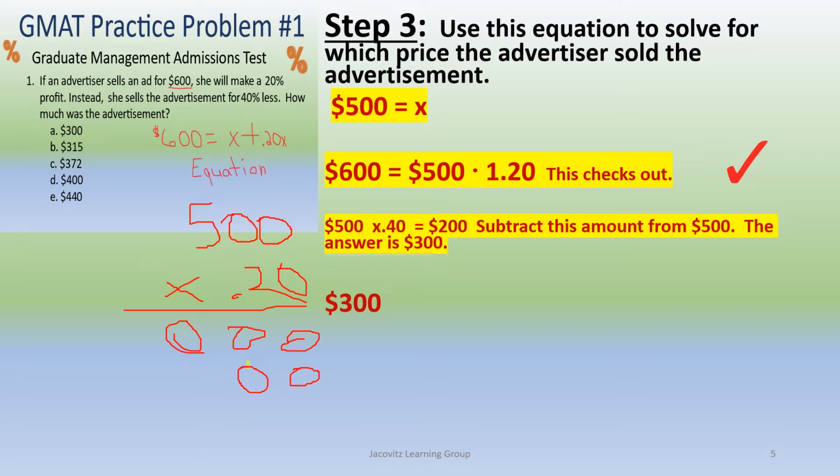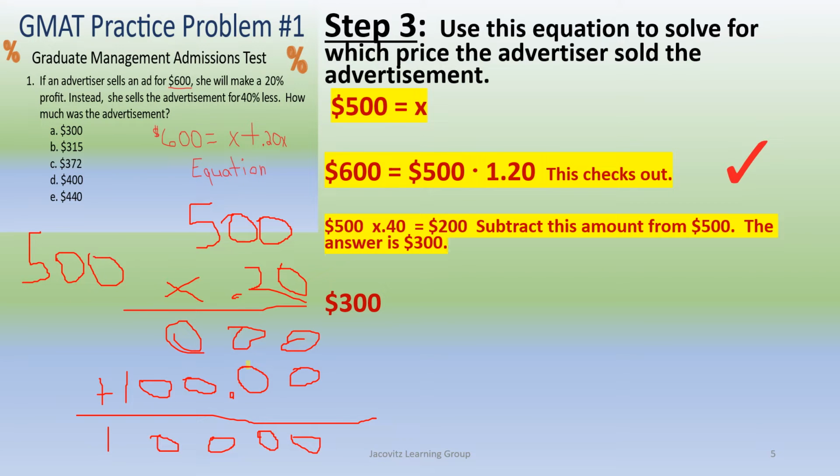And so you have 0 for a placeholder, then 2 times 0 is 0, 0 times 2 is 0, and then this is 10. So when you get ready to add down, you have 2 decimal places, and that's how you get your 100. So easily you can go back and say 500 plus 100 equals 600. So again, that checks off.